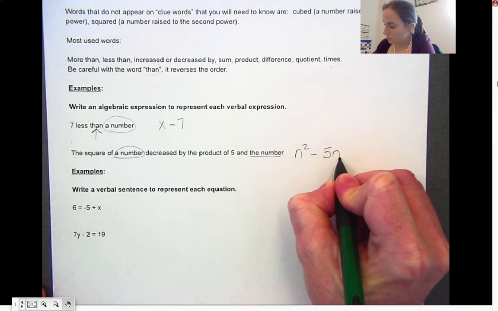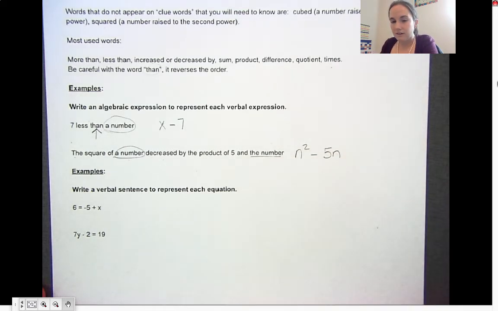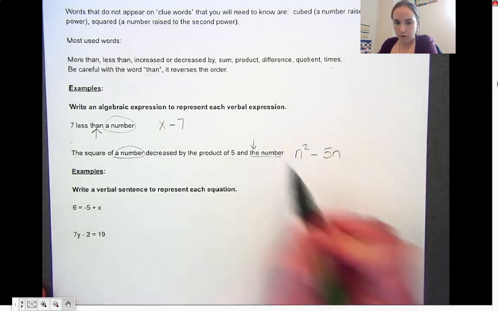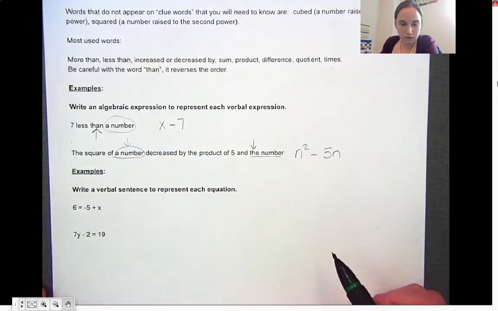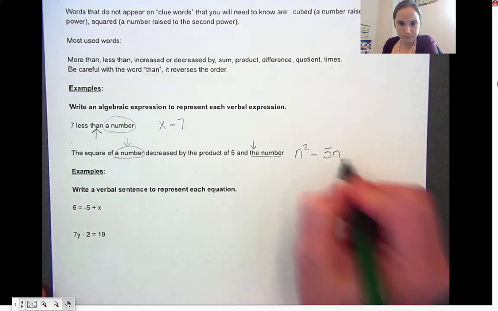It didn't say a different number, and it didn't tell you to use a different number. Since it said the number, you have to use whatever number you use here and squared. Of course, you don't want the squared version back here.